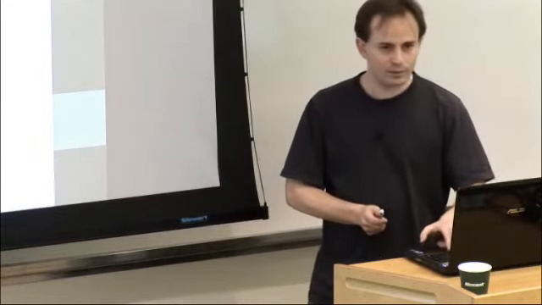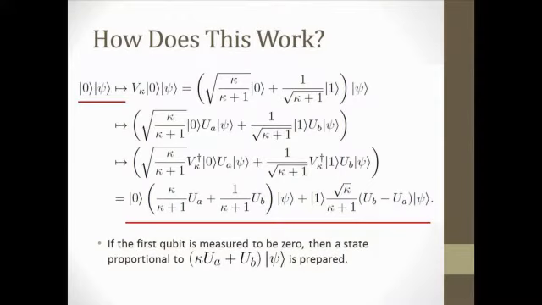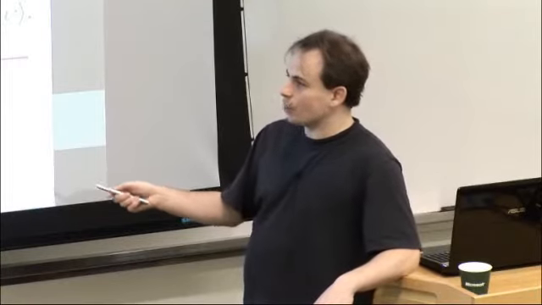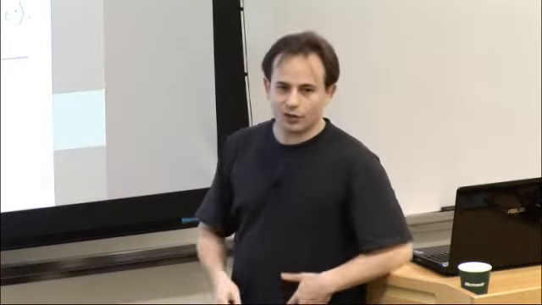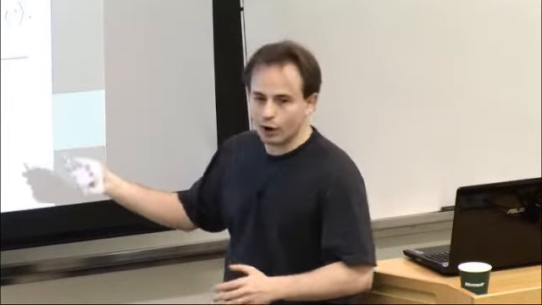So maybe you said this already. What do you get if you measure 1? How about I go to the slide? All right. If I measure 0, then what I get is the linear combination of the two unitaries that I want to actually implement. If I measure 1, then I get the difference between those two. This is one of the reasons why I mentioned it depends on whether or not the two are close to each other or very far from each other.